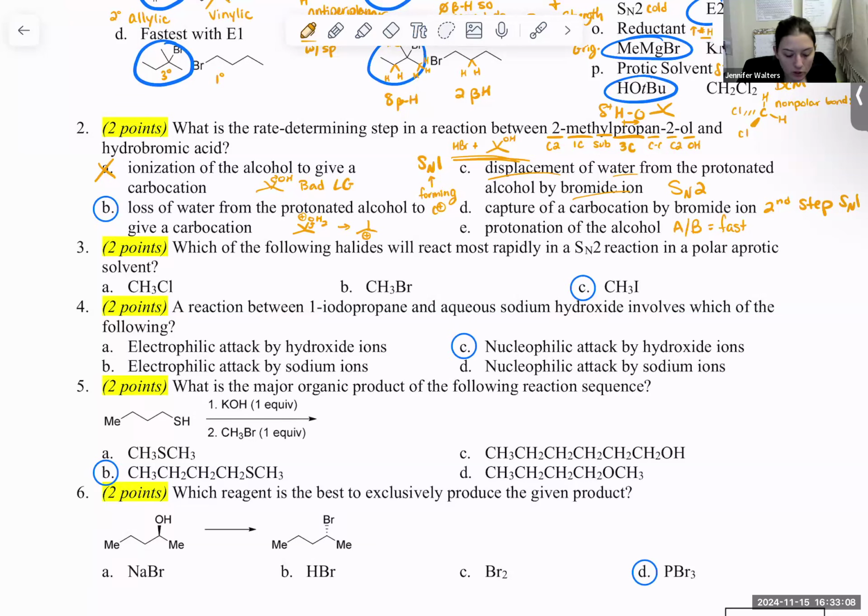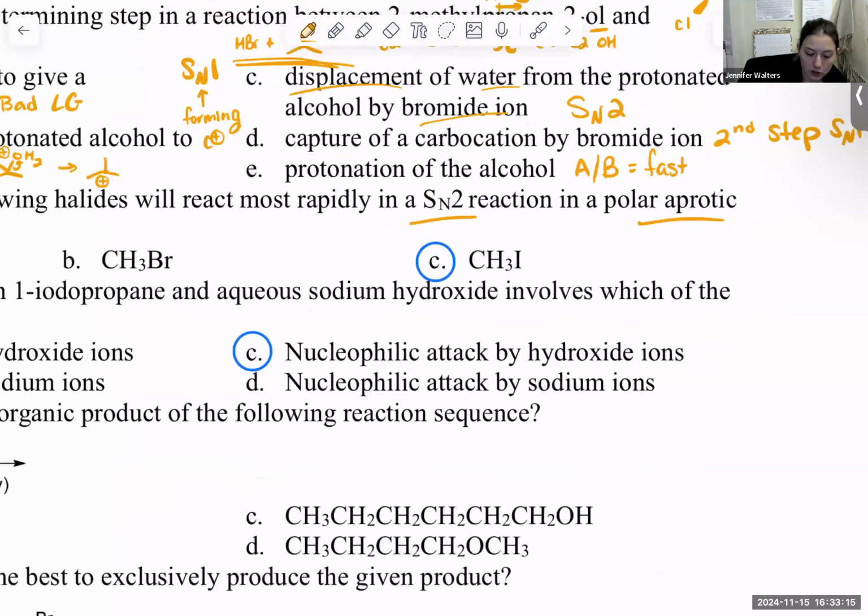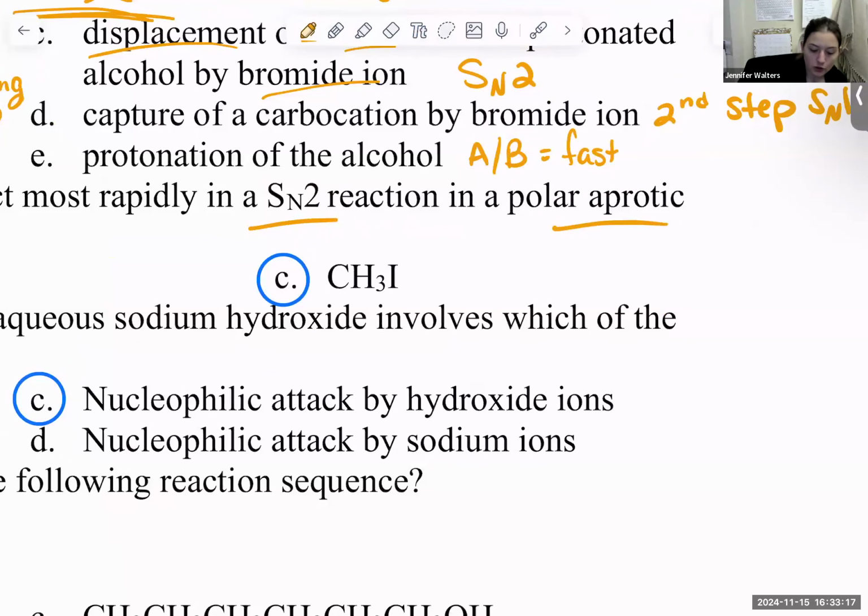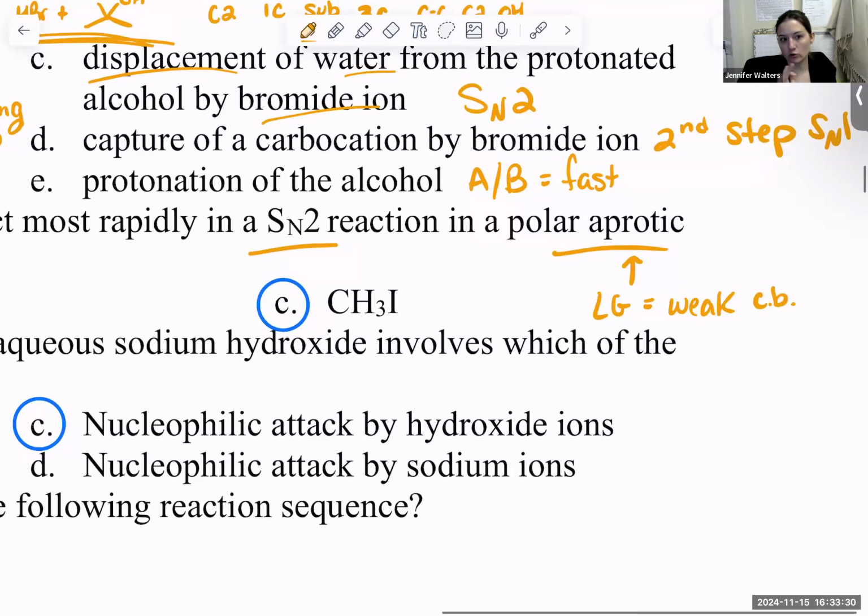Question 3, which of the following halides will react most rapidly with SN2 in an aprotic solvent? Okay, so we got to pay attention to our solvent here. So remember that in an aprotic solvent, our leaving groups are just going to be the weak conjugate bases. That is our general trend.